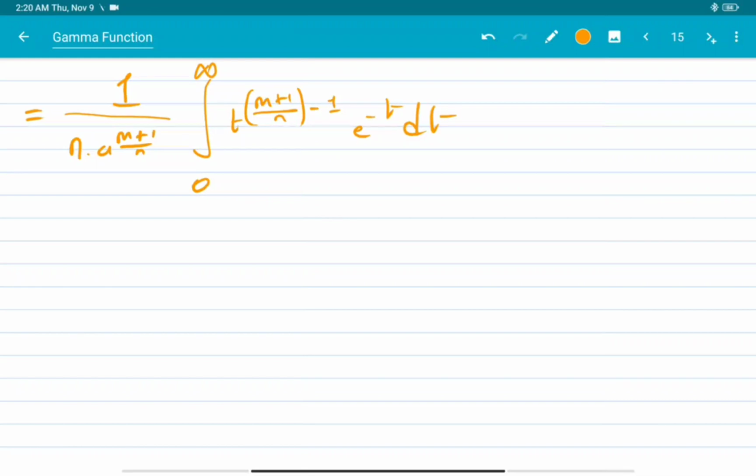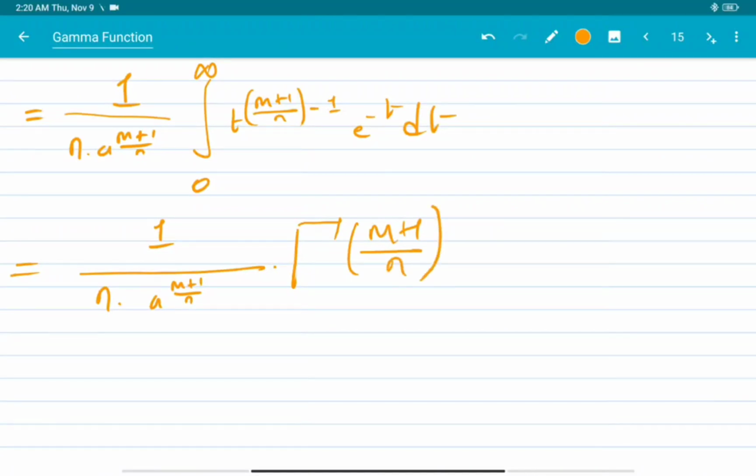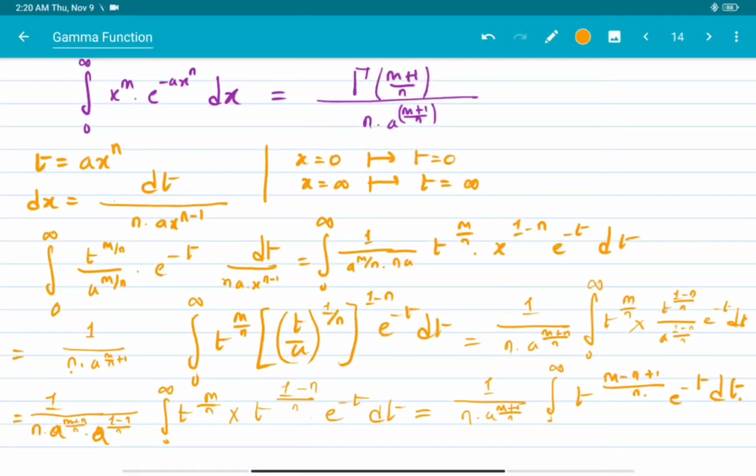From this you can write 1 over n times a to the power m plus 1 over n, multiplied by gamma of m plus 1 over n. So I guess this is what we wanted to prove. Yeah, we are done.